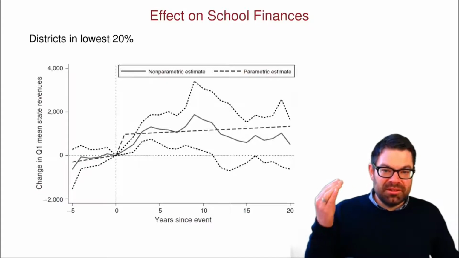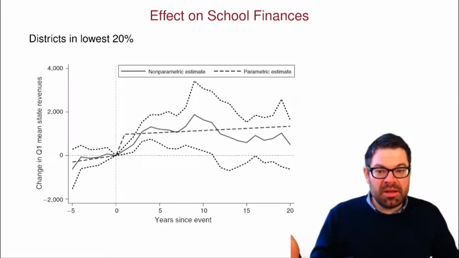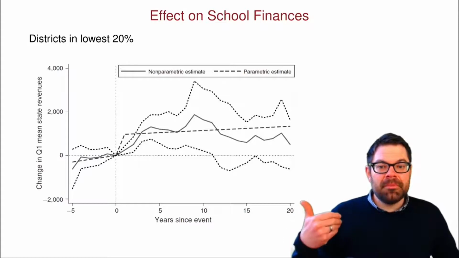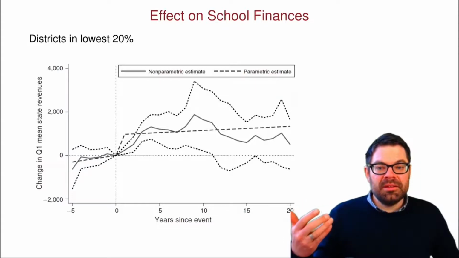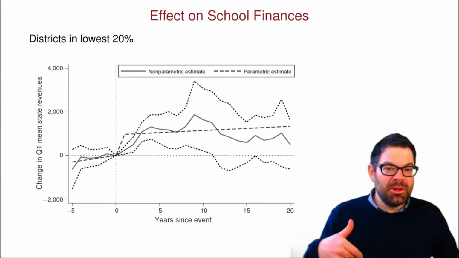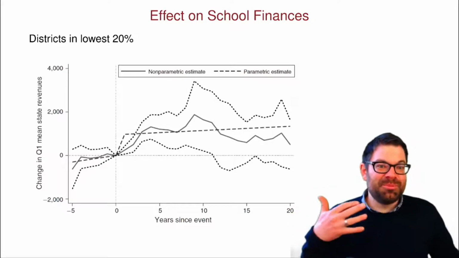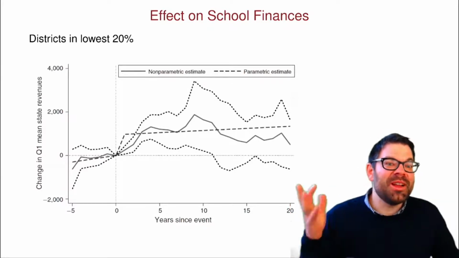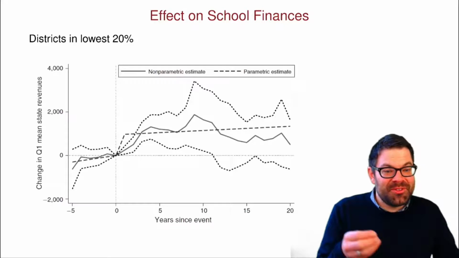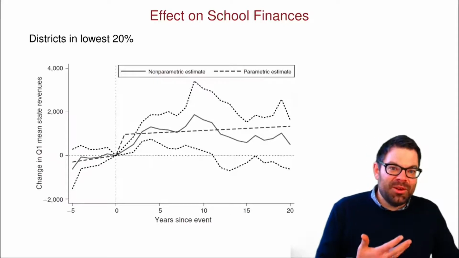So they look at the lowest 20% in terms of prior test scores. And then what they look at is the effect, first of all, of that reform on school finances. So this is basically what one would call the first stage, right? So that reform comes in, then they want to first see, is there an actual effect on school finances?